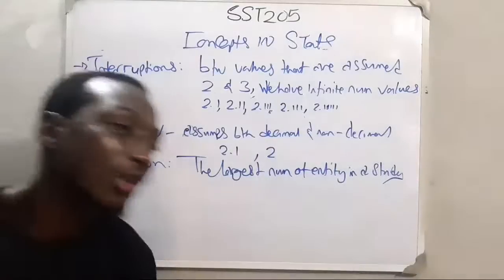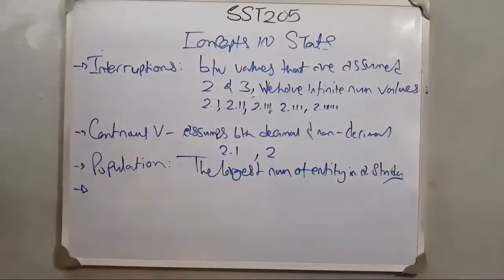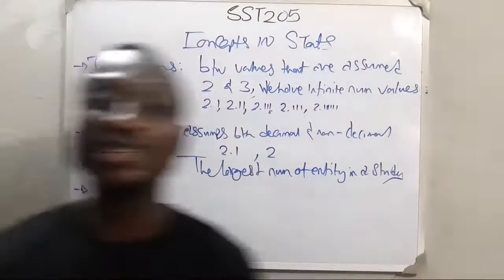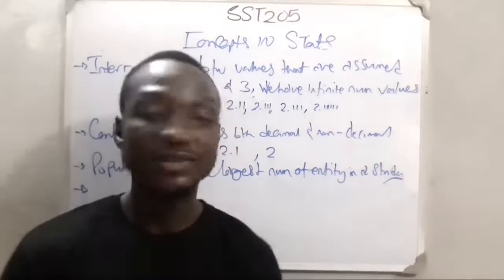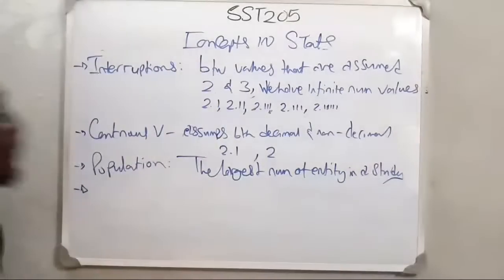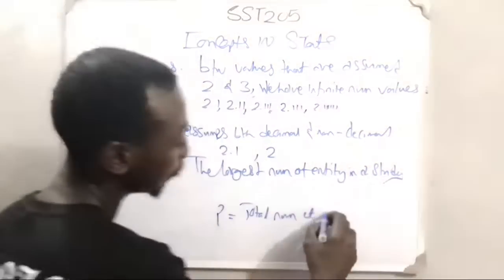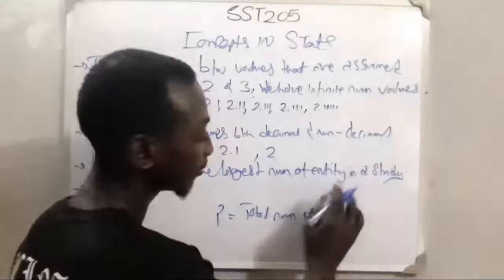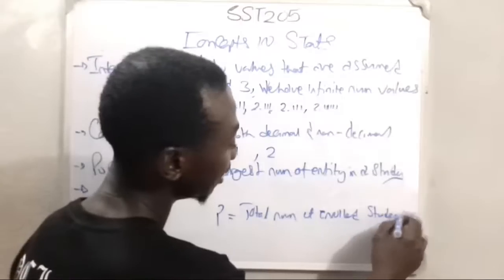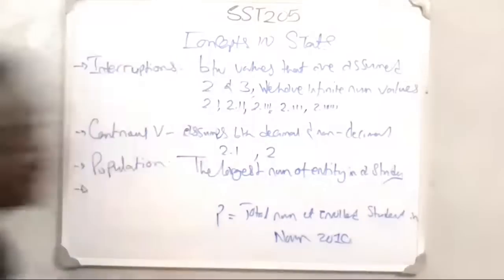Now let's say, how many students in the national university did above average in the year 2010. So the population will be the total number of enrolled students in 2010.